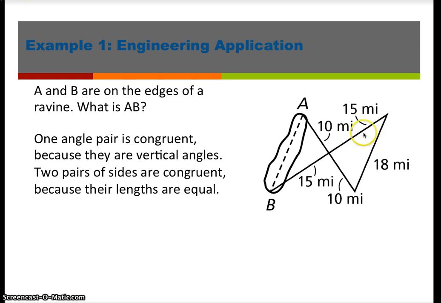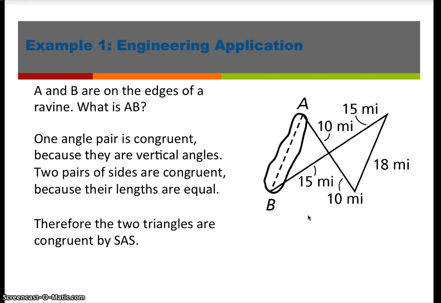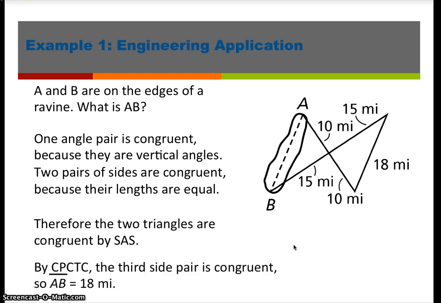So we have a side, this angle, and the other side. So actually the two triangles are congruent by side, angle, side. So now that we've said the two triangles are congruent, we can say that AB must equal 18, just like this side does. Why? It equals 18 by CPCTC.